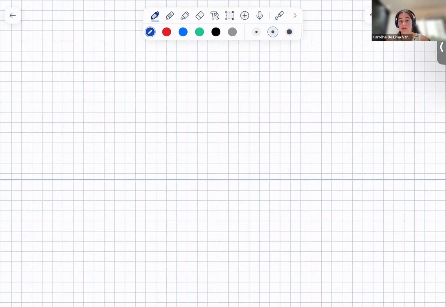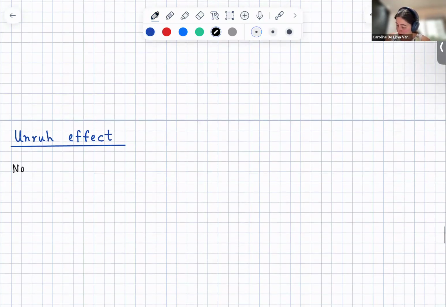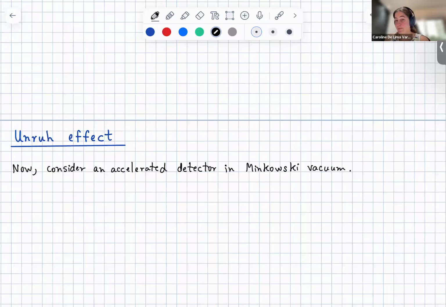All right, so let's do the Unruh effect. Okay, so now let's consider an accelerated detector in a Minkowski vacuum.